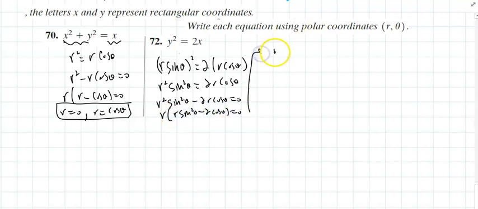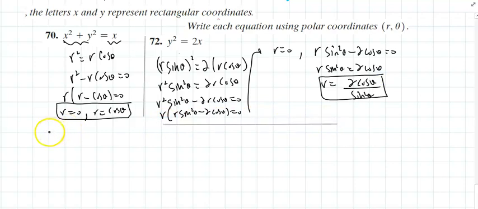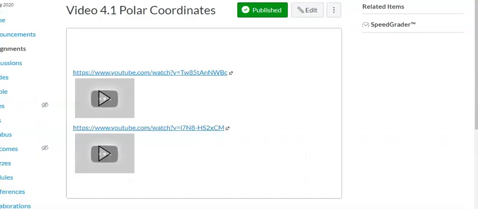So either you would say r equals 0, which is a point, or r sine squared of theta minus twice cosine of theta equals 0, or r sine squared of theta equals twice the cosine of theta, and r would be twice the cosine of theta divided by the sine squared of theta. And as long as you get r on one side, everything else on the other side, you're fine. You don't need to simplify it any further. That's not simplifying, just writing it differently.